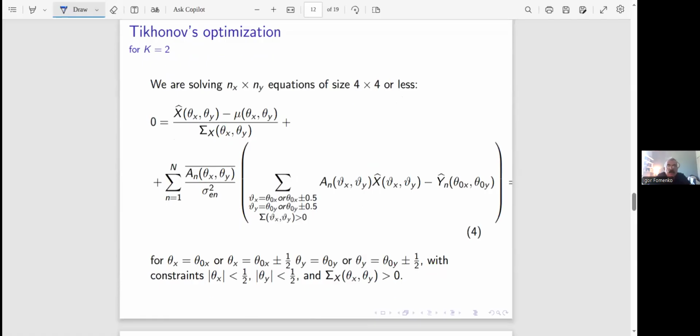For each equation, it's just one number. What is in the denominator? We have 16 equations. This is just a number for each equation. Am I right?